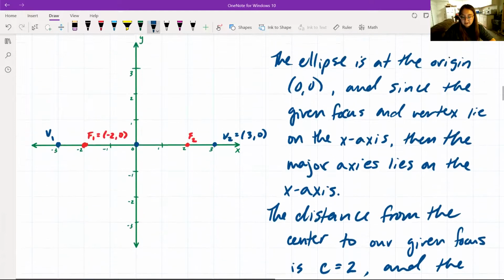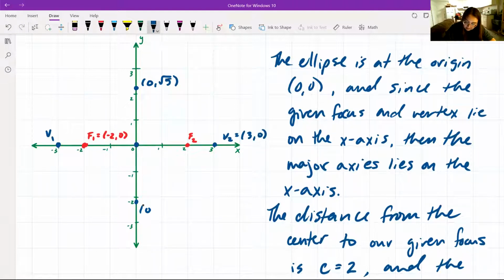Where the square root of 5 is actually just slightly more than 2, so we can go ahead and plot that. So it's going to be right about here. This is our 0, square root 5, and right about here is our 0, negative square root 5. Whoops, wrote that wrong.